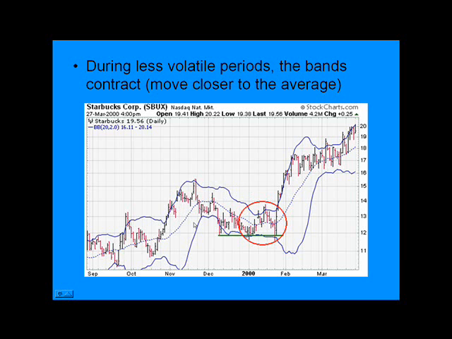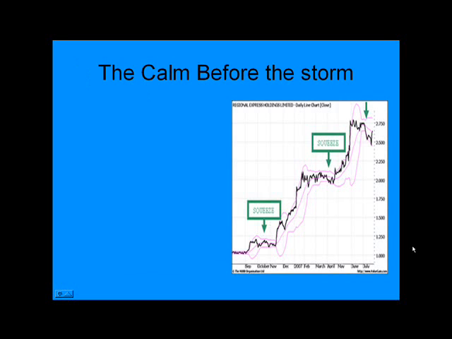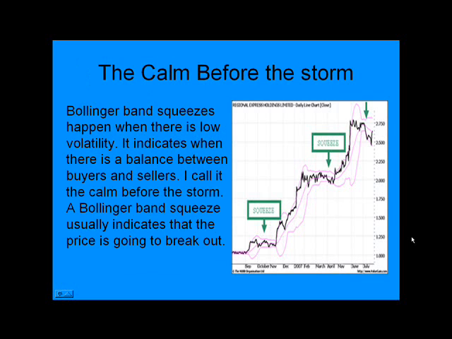And the bands tighten, they come back towards the moving average, and we have a stock building up, sort of like a spring. It's building up the volatility, it's getting ready to make a move, but we don't necessarily know which way it's going to break out. And so we call that tightening, and we call that preparation for that move, the Bollinger Band squeeze play, the calm before the storm.